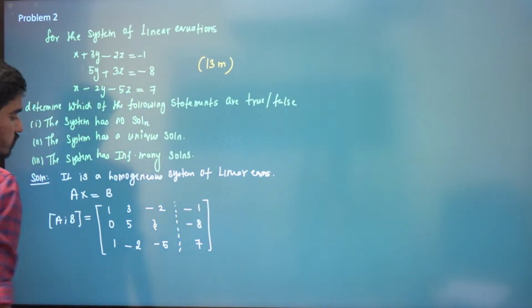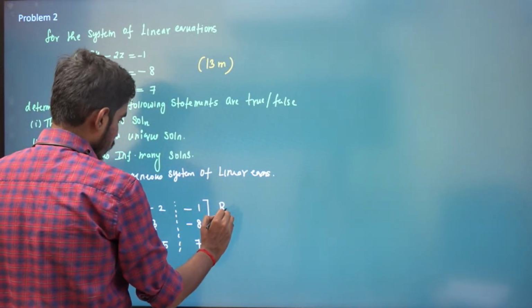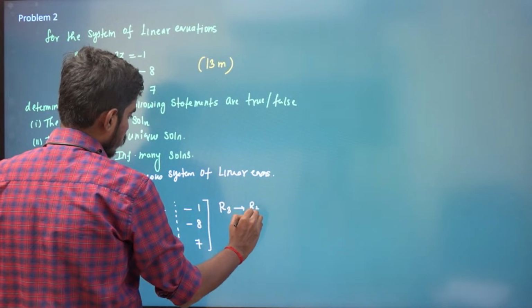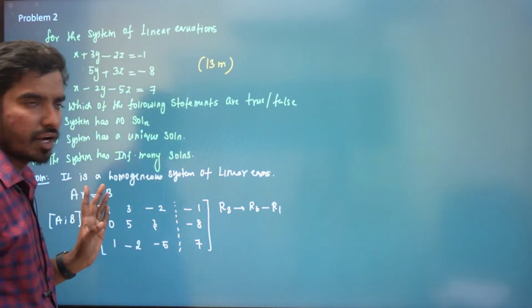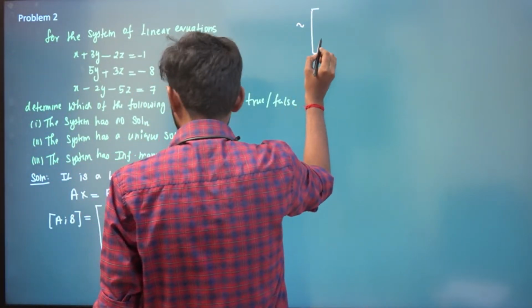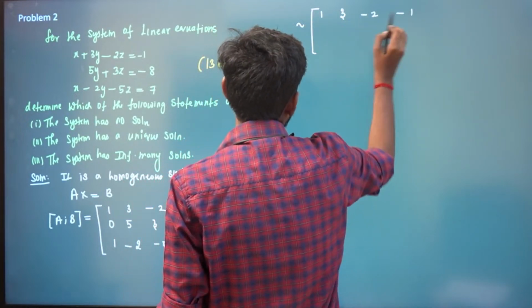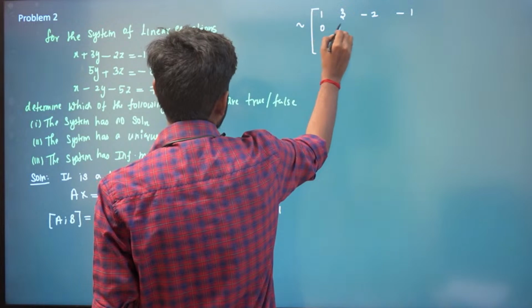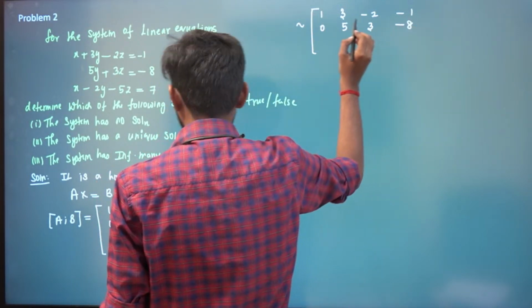So we will reduce this to row echelon form. So we have R3 transformed to R3 minus R1. Already this element is 0, so we don't need to make it 0. Now this A comma B is equivalent to 1, 3, minus 2, minus 1, 0, 5, 3, and minus 8.